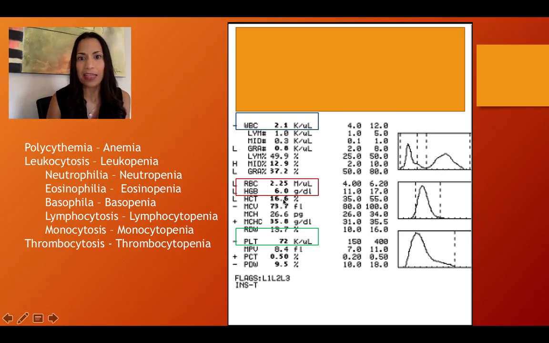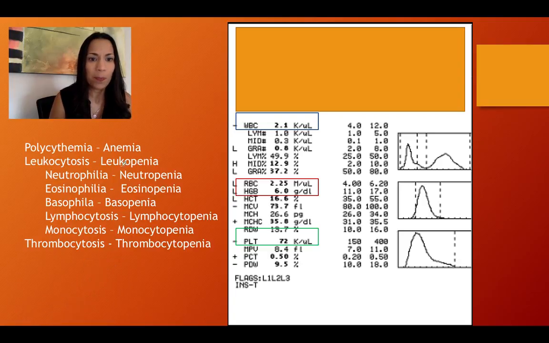So this is how it looks. This is a CBC. They're telling you here, this is white blood cells. In here it has 2,100 cells. Here you have your range. For this lab, it is between 4,000 and 12,000 cells per cubic millimeter. So you can see it is below range, he has leukopenia. You add the suffix -penia or -emia when you're lacking, when you have less than you're supposed to have.